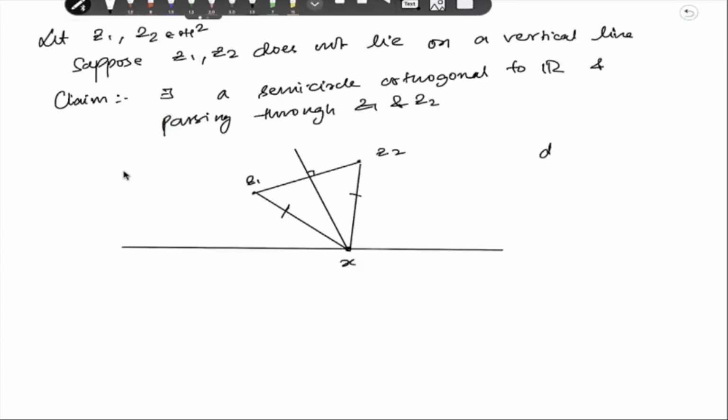So the Euclidean distance between X and Z1 will be the same as the Euclidean distance between X and Z2. And now you draw a semicircle with center X and radius equal to the distance between X and Z1. So this proves the claim.